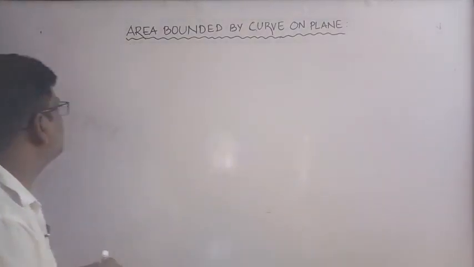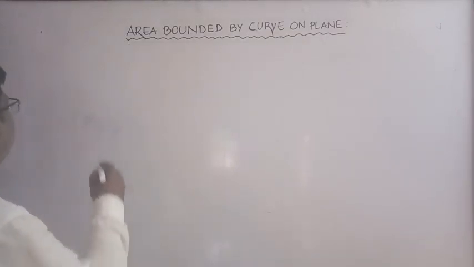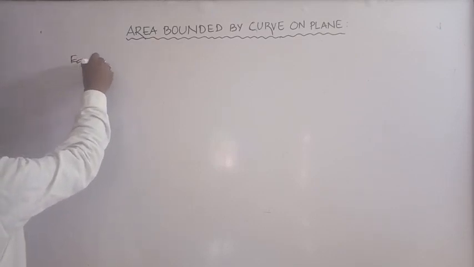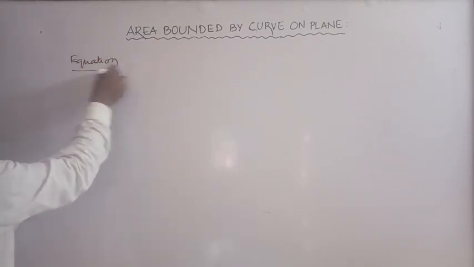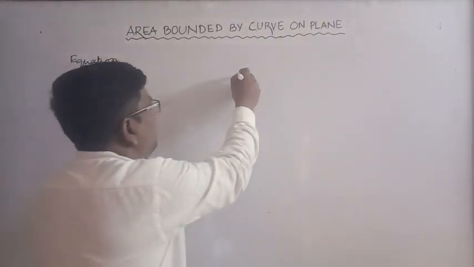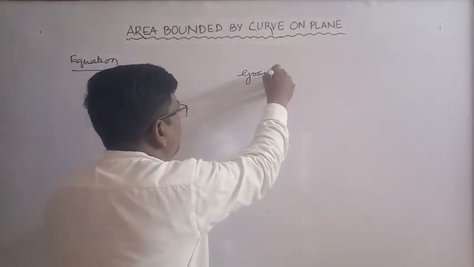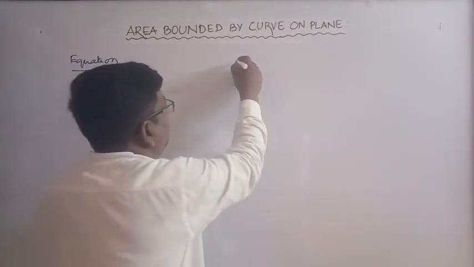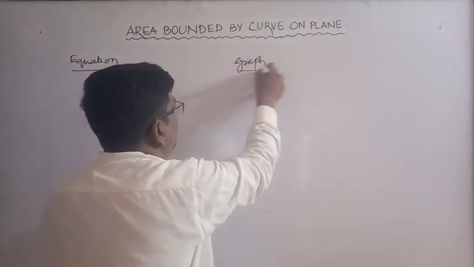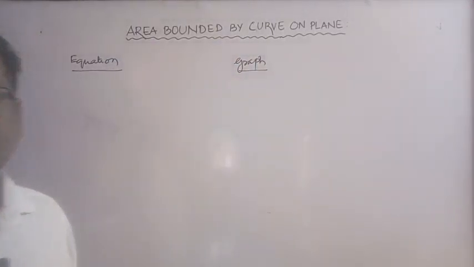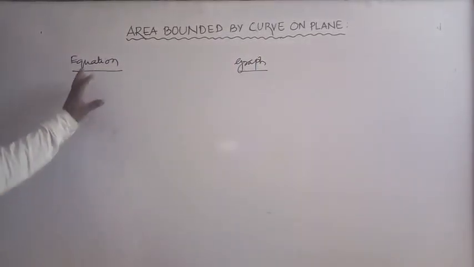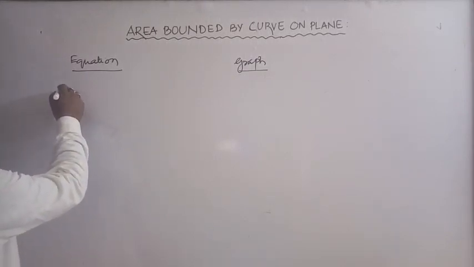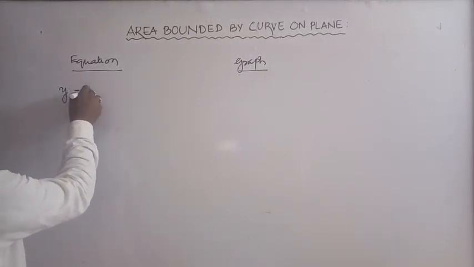First, the straight line equation and its graph. Suppose y is equal to x.